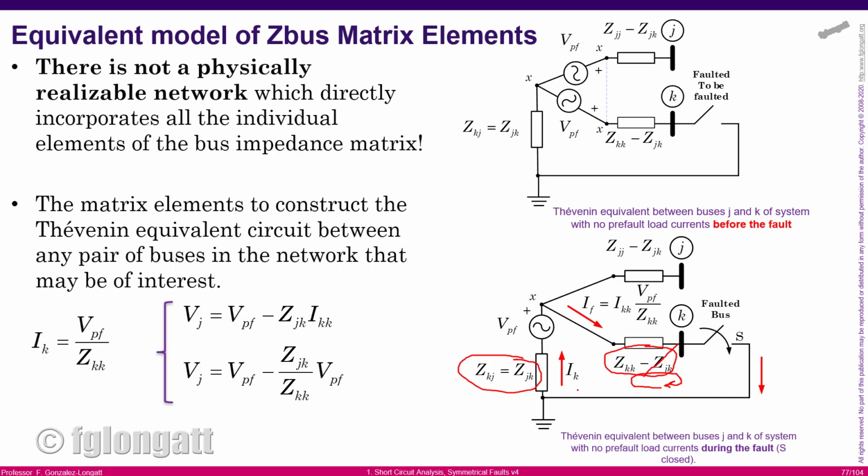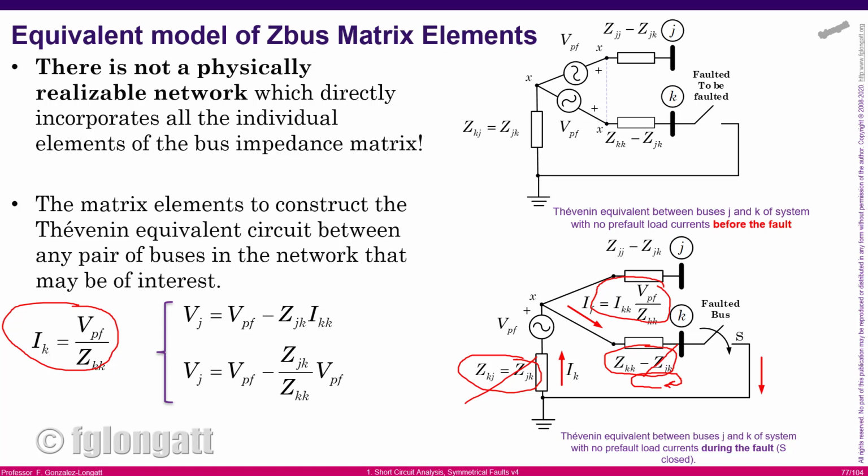But you have one negative and one positive, and as a consequence, you get the same expression that I was discussing before. That means that you can calculate the short circuit current at any bus bar K by dividing the voltage previous to the fault at the fault location by the element inside the impedance matrix representing the position KK. That is what we call the self-impedance element of bus bar K.